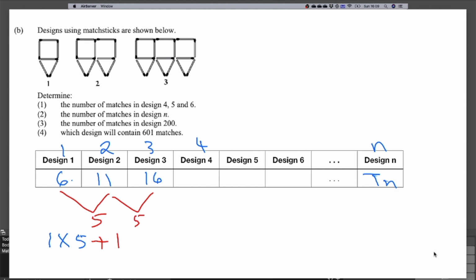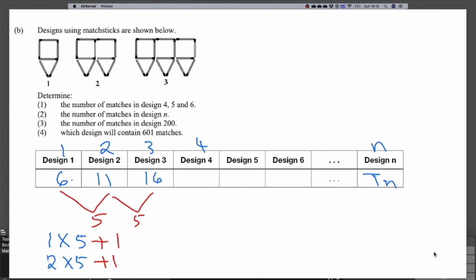Now let's check whether we do the same thing for the second term, which is 11. If we take the position, which is 2, and multiply it by 5, we do not get 11. But if we add a 1, we will get 11. You can do the same thing for 16. If you take 3 and multiply by 5, you don't get 16, you get 15.